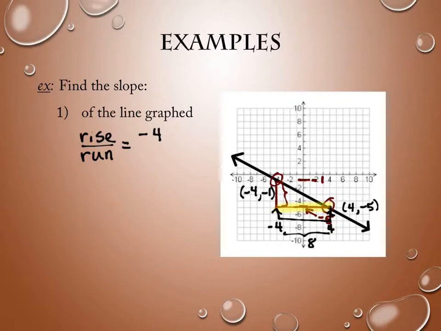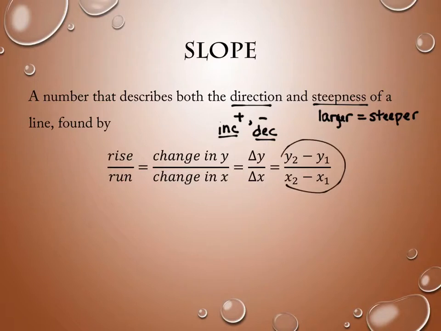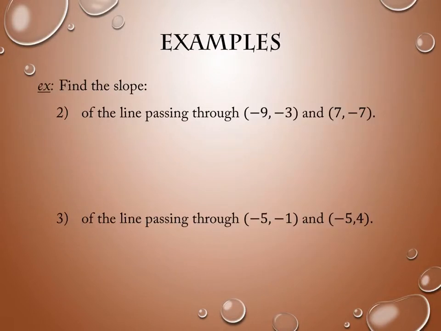Right? So it runs, if you will, 8. That's the horizontal change. What would -4 divided by 8 be then? Yeah, it's -1/2. So we would reduce that. I'm going to do another one here in a moment where I actually use the formula. You could use the formula on this, right? You could use this perspective at the end if you didn't like the visual graphical anticipation that I was describing, right? You could do that.